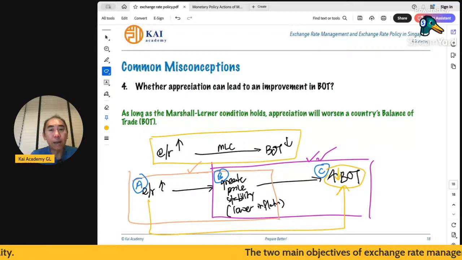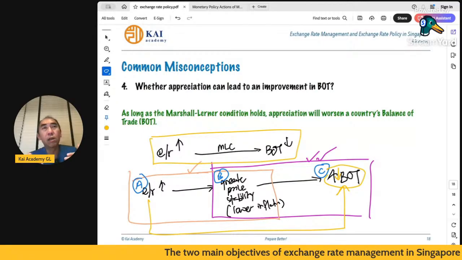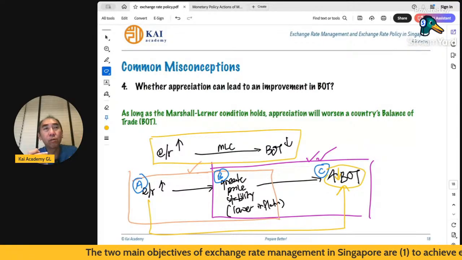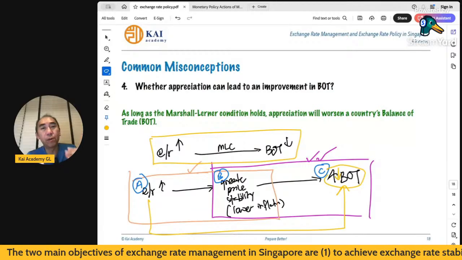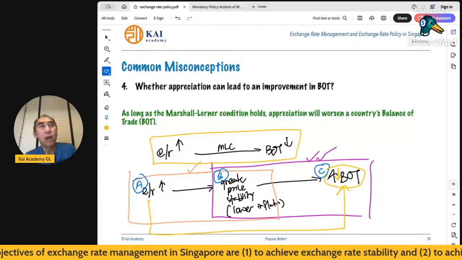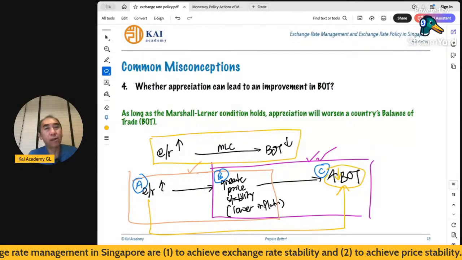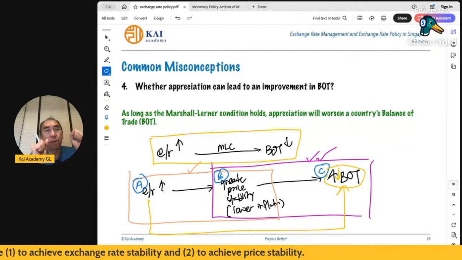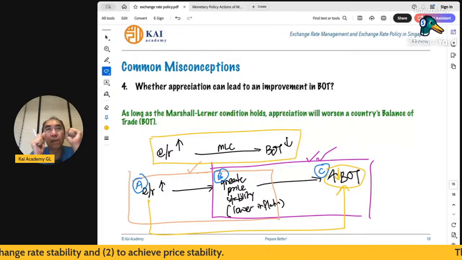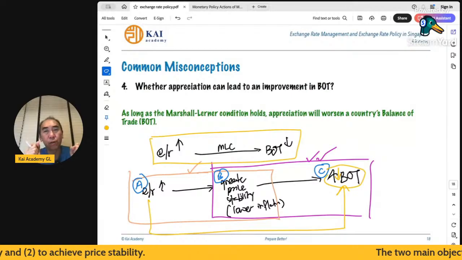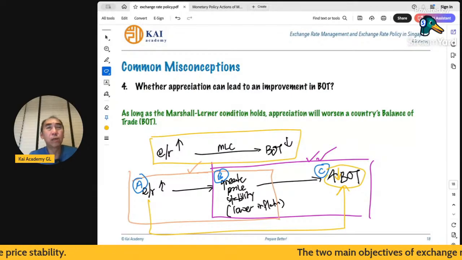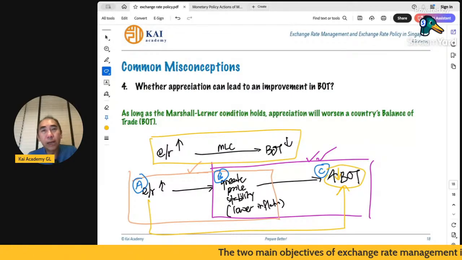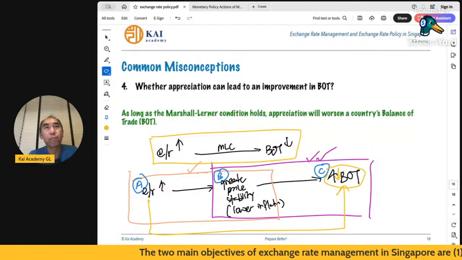Second purpose is we want to use the Sing dollar as a monetary policy tool to appreciate it during periods of higher inflation, and of course to turn it off, right? Don't appreciate it when we don't need it. So these are the two key purposes of Singapore's exchange rate policy. So how we do this is we use the appreciation to lower AD as well as increase AS to bring prices down.